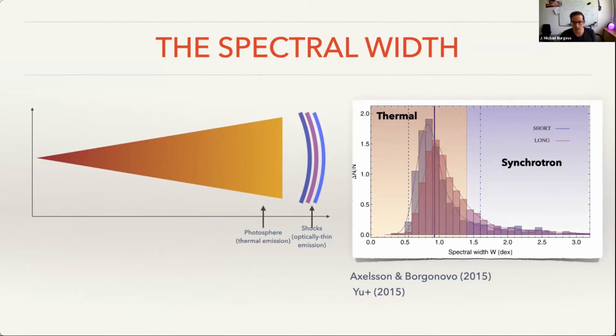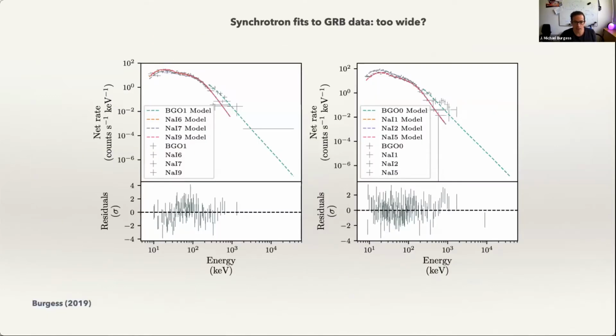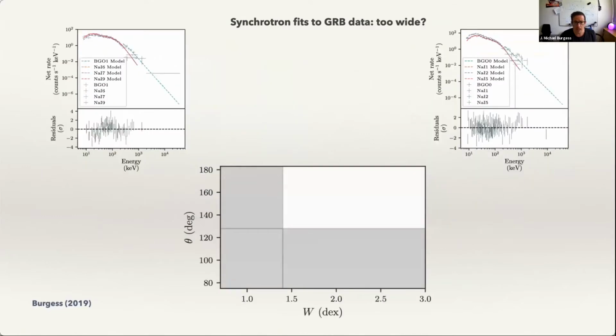And so people did this, and they found that, once again, synchrotron seems to not be able to reproduce, or is not responsible for, the spectrum that we see. I thought this was very interesting, so I took some of these spectra and fit them with synchrotron. These are 2 fits to GBM spectra with a very simple slow-cooled synchrotron model, with no evolution of the electron distribution or anything, fit to normal GBM data.